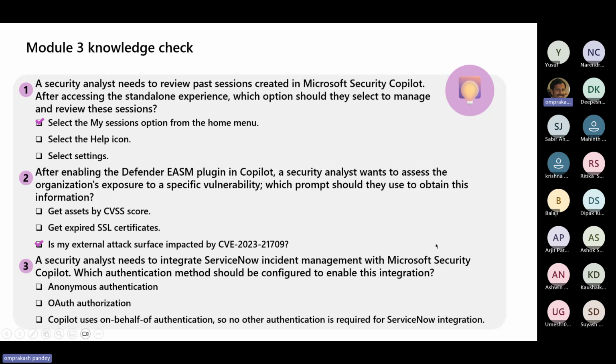Anyone? Any suggestions here? This will be OAuth authorization, because here we are talking about third-party solutions, third-party integration, and most of your Azure services are mapped with OAuth authorization.